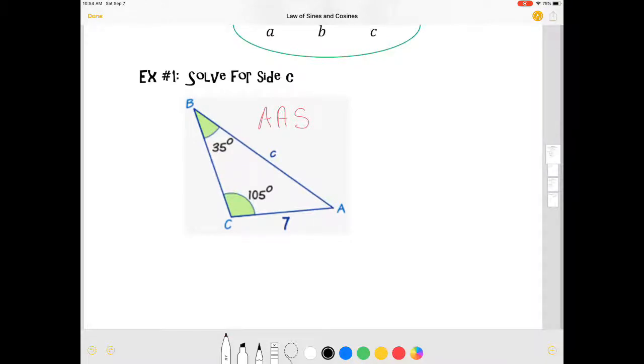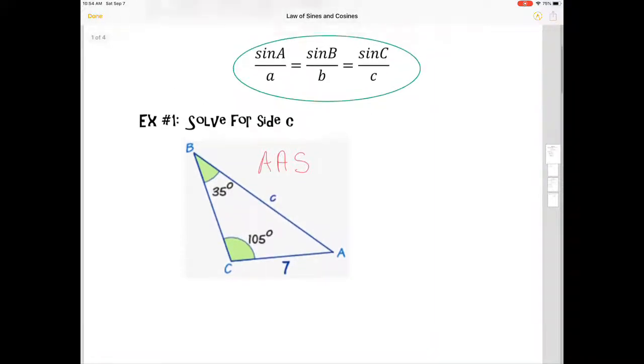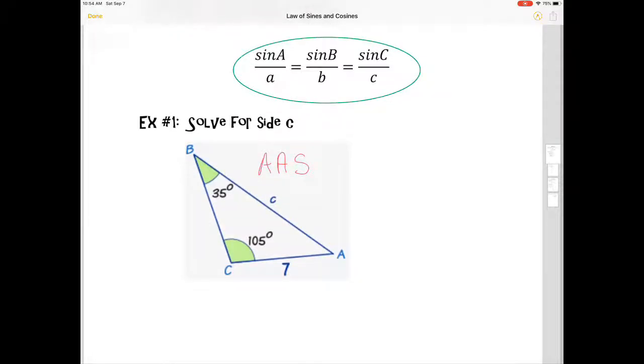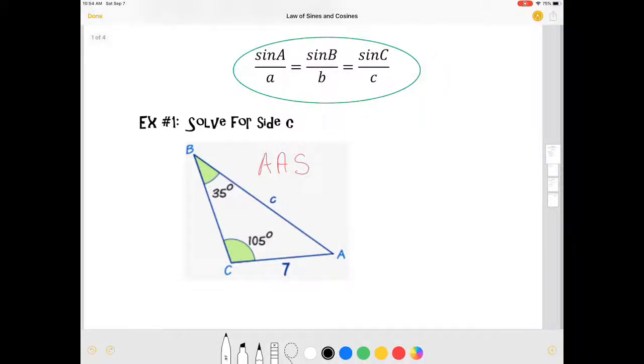All right, so the next thing you want to do now is use the law of sines to set this up. If I want to solve for side C, then using my law of sines, which is right here in the oval, I have to use the third ratio because that involves side C. And then I have to use one other ratio so that I know both of the numbers.